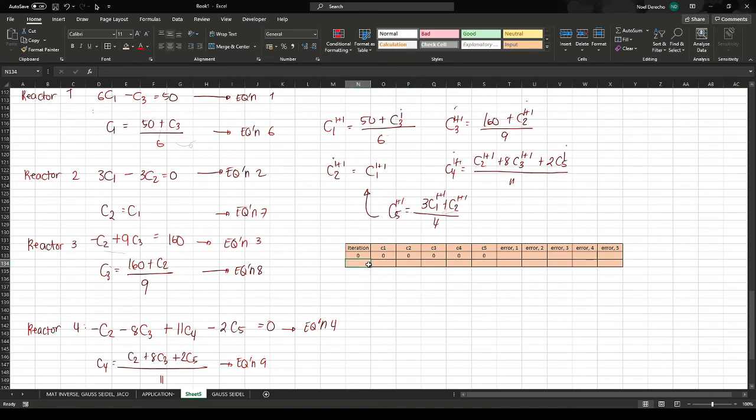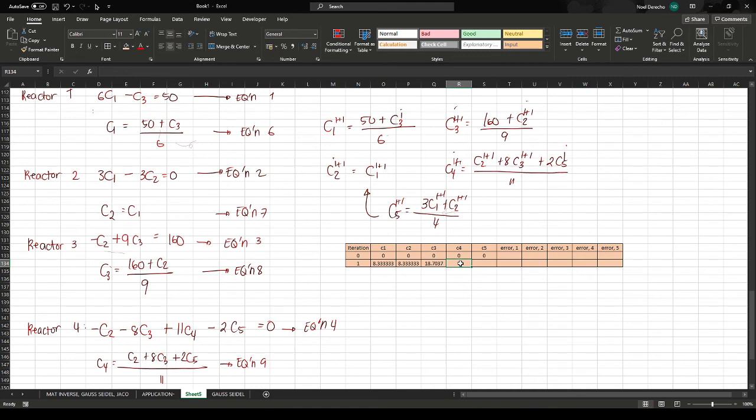So yeah, at the first iteration, plug in the formulas above. For C1, that is 50 plus C3 divided by 6. C2 is equivalent to C1, I plus 1. C3 is equivalent to parenthesis 160 plus C2 updated value divided by 9.